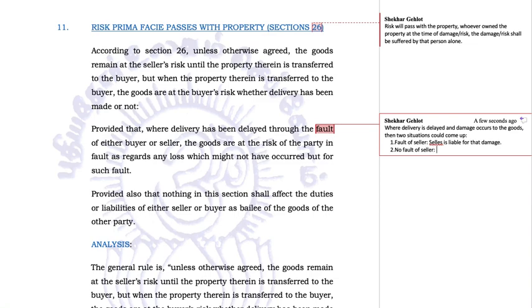Now, the second situation is the seller is not at fault and the property in goods has passed to the buyer, and still there is some damage despite all care taken by the seller. In such a case, the risk shall remain with the buyer when the seller is not at fault.